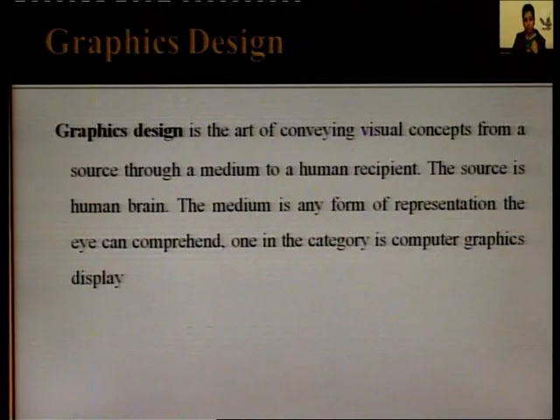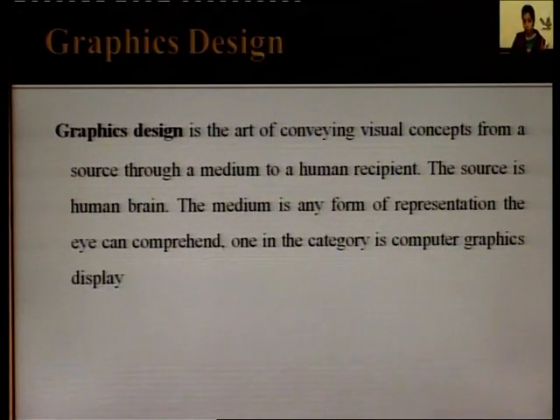So what is graphic design? Graphic design is the art of conveying visual concepts from a source through a medium to a human receiver. That means whatever data we get from a human can be converted into a picture or any animation through a computer. This is computer graphics. The source is a human brain.